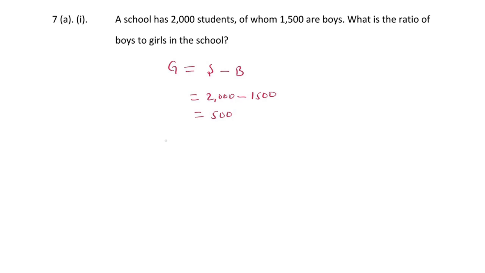The ratio of boys to girls is going to be 1,500 ratio 500, simplifying this, we are going to have 15 ratio 5. Let us simplify this further. We are going to have 3 ratio 1. Therefore, the ratio of boys to girls equals 3 ratio 1.